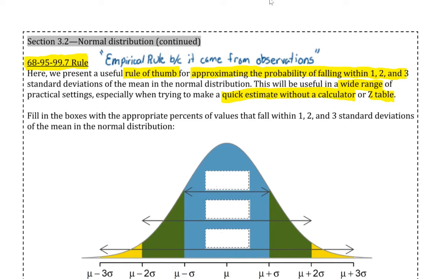Let's start by filling in the following boxes with the approximate percent of values that will fall within 1, 2, and 3 standard deviations from the mean in the normal distribution.